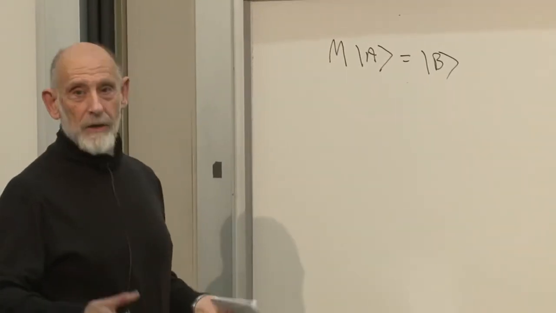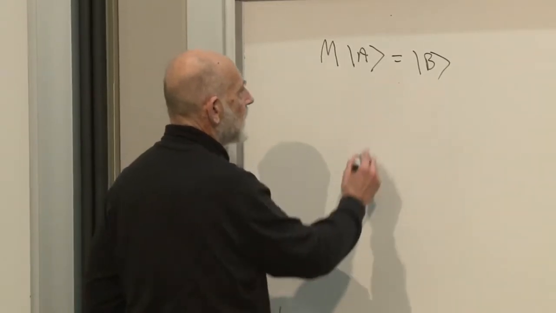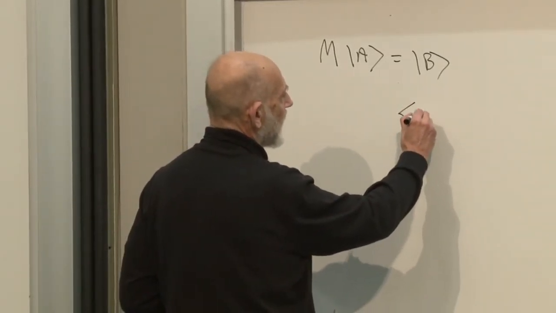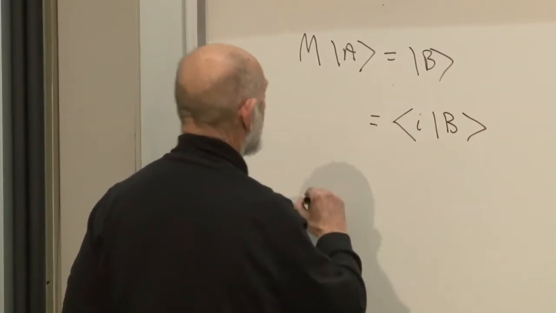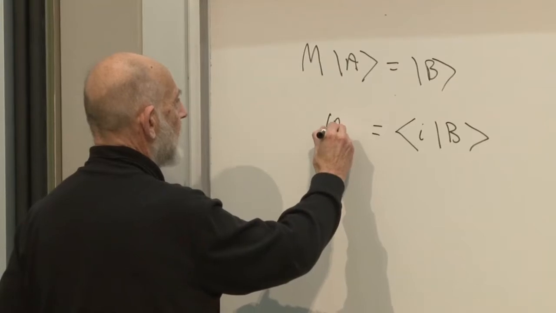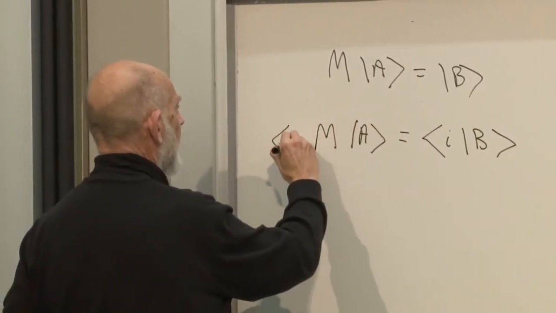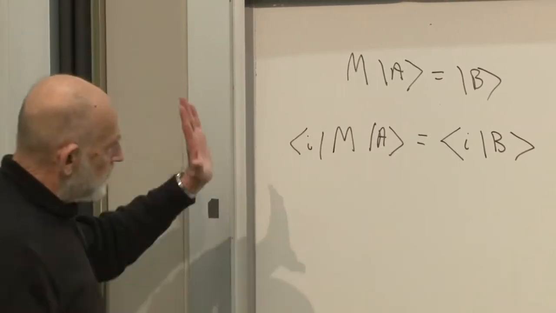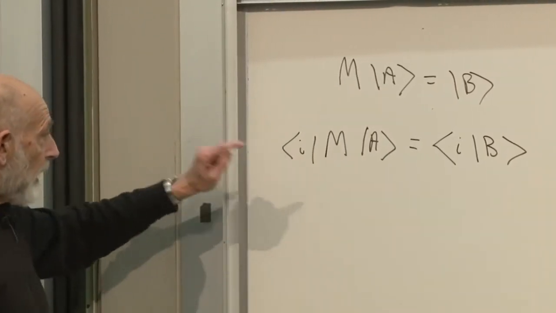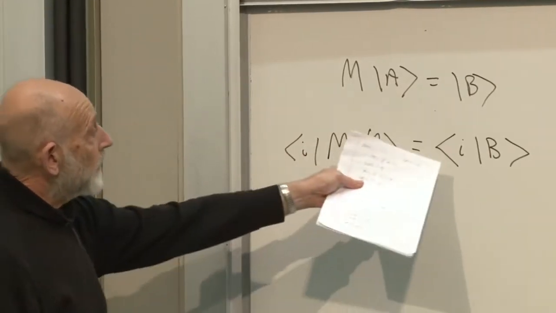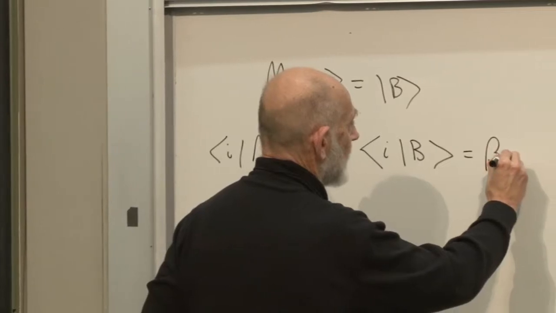I would like to know in a concrete way what are the components of b. So to find out, I just project them onto the direction i. All I've done is, on both sides of the equation, take the inner product with the vector i. This, by definition, is beta i.